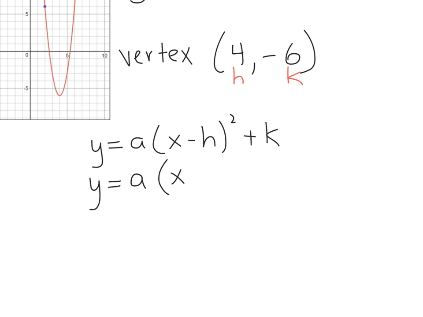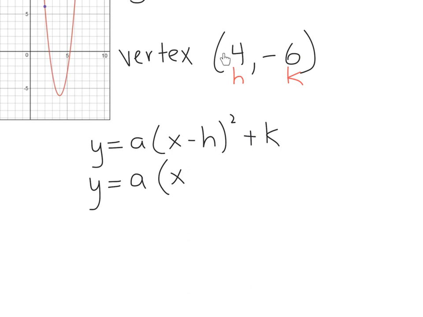Now, again, we need to be careful with the h value. So from what we picked off the graph, our h value we identified as being a positive 4. But remember, it's always got to be the opposite. So even now, when we take this value and insert it into its position in the template, we need to write it in as the opposite.